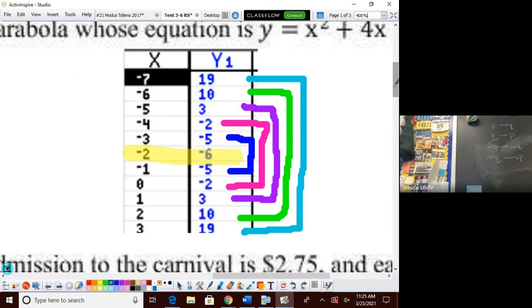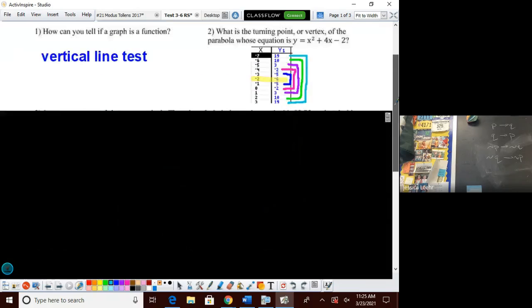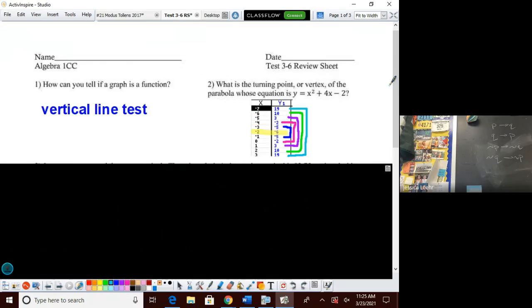The turning point for this parabola was -2, -6. All of those y values are mirrored around that one turning point, so the y value of -6 only appears once in the table. You have to scroll around and find the point that doesn't have a match, and that's going to be your turning point.